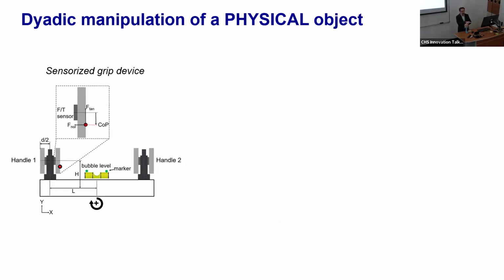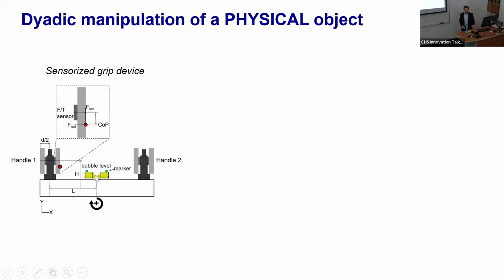One was done with a physical object, and the next study is going to be done on a virtual object. So for the physical object, we designed this device, which is a U-shaped object, and we put two manipulanda on the left and the right, the handles. Each handle is sensorized, as you can see here. You got a force torque sensor, and then we measure biomechanical variables here.